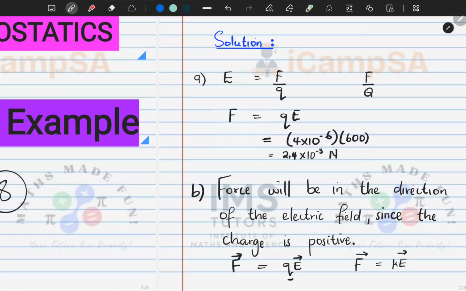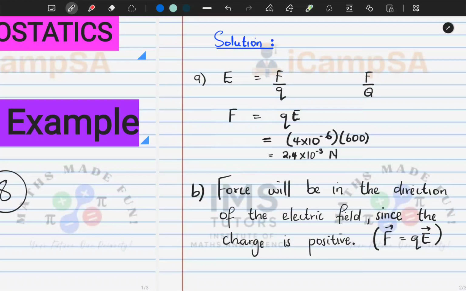However, if Q was negative, F would be the negative of some value times E. This suggests that F is in the opposite direction to E. So that's why we can confidently say that since the charge is positive, F would be in the same direction as E, or the electric field. That's how you think about it.